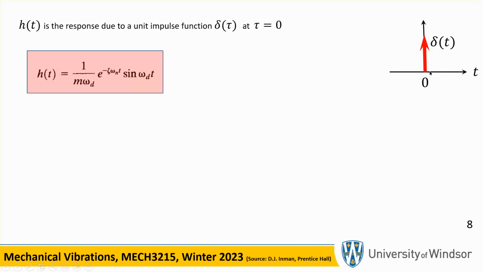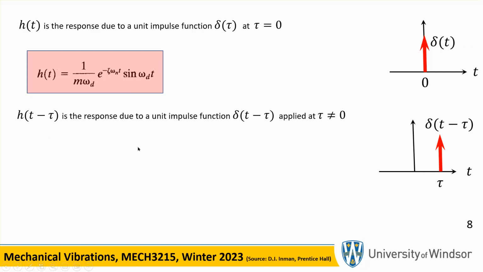But right now, the way I've drawn it, this is the impulse function, which means delta function, at t equal to 0 or tau equal to 0. And this is the solution to that equation. When I say that equation, it is the mother of all equations, mx double dot plus cx dot plus kx equal to delta t. It's right there. This is a solution.